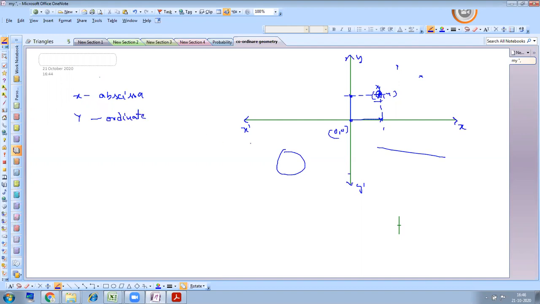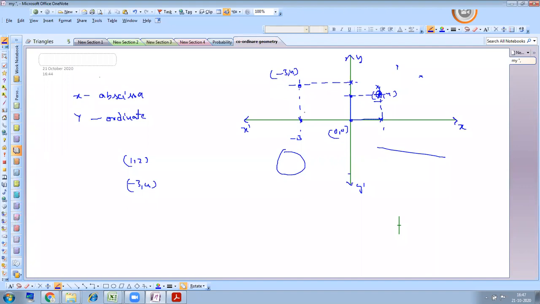We already did in a graph how to locate points. If I give the points minus 3 comma 4, this is minus 3 on the x-axis and plus 4 on the y-axis. Draw a vertical line at minus 3 and a horizontal line at plus 4, and where both meet is the point minus 3 comma 4. This is how we represent a point in a plane. Correct? Yes, sir, we already did this.